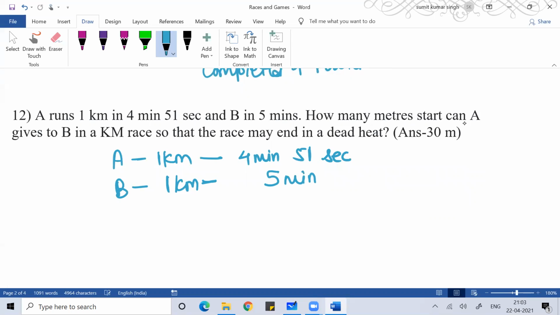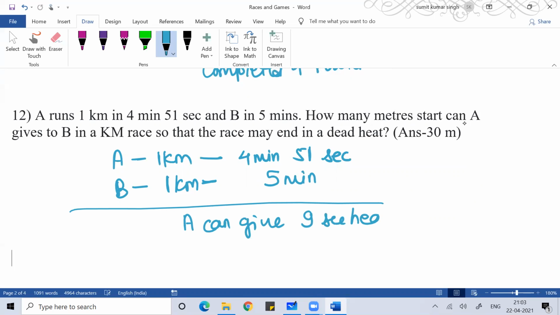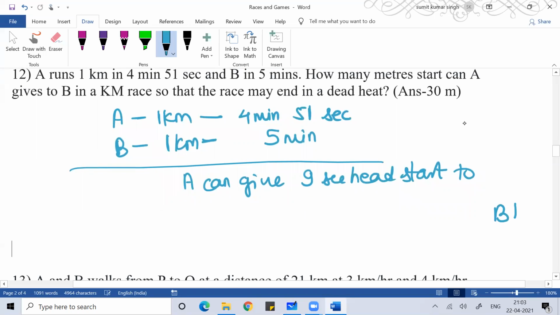So what this means is that if A wants to give an advantage to B, A can give a 9 second head start to B, so that they complete the race in dead heat. That much A can do, so that the race can end in dead heat.